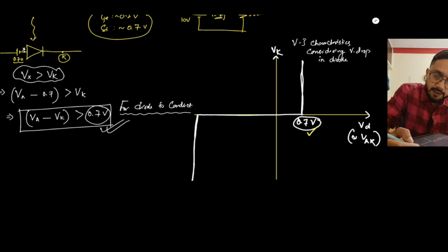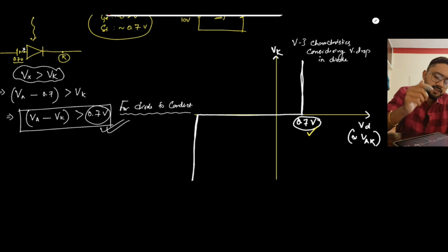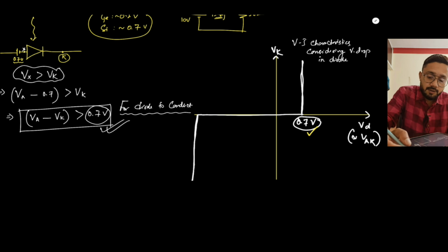So in practical diodes, another thing needs to be considered, that is the resistance in the diode. The diode also contains a small amount of resistance, so that also we should take into consideration.